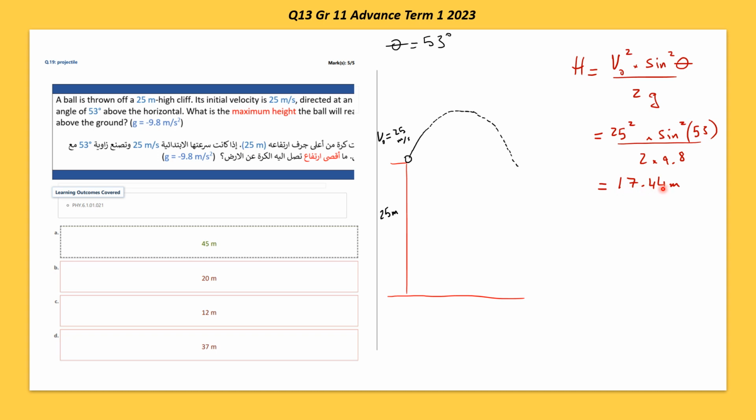But still, we didn't finish yet. You need to remember to add the initial height, which in this case is 25. So the total height, h total, is equal to h0, the initial height 25, plus this height, which is already calculated, 17.44. And the answer is approximately 45 meters.